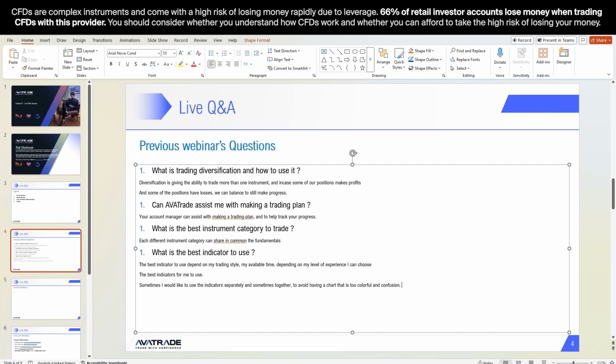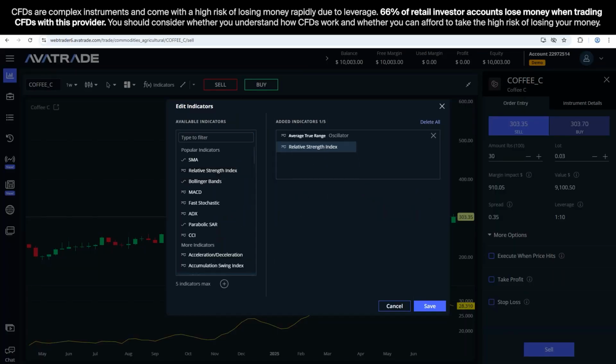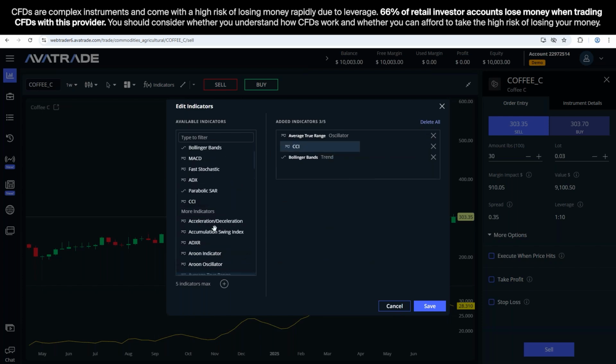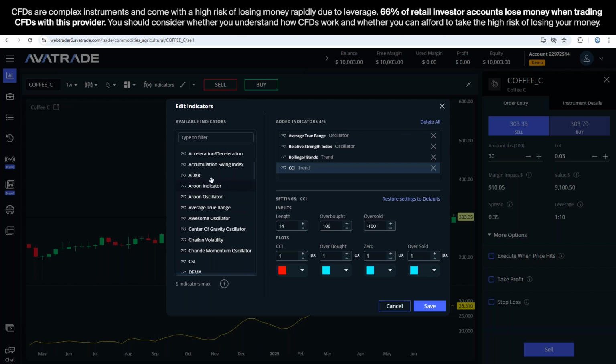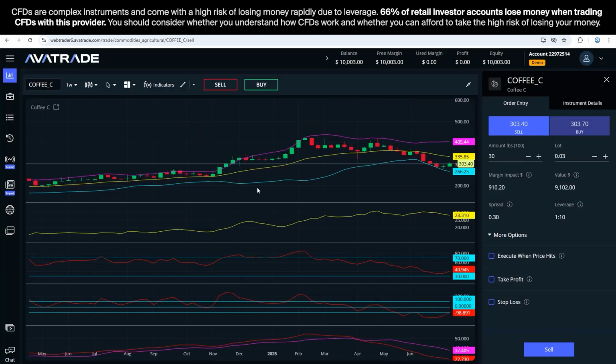Right? For instance, if I would apply even more than what we had, so we had this and we had that, if I would also add CCI and ADXR, then look what happens to the chart. Okay, so we don't want to have too many, it's too colorful a chart.